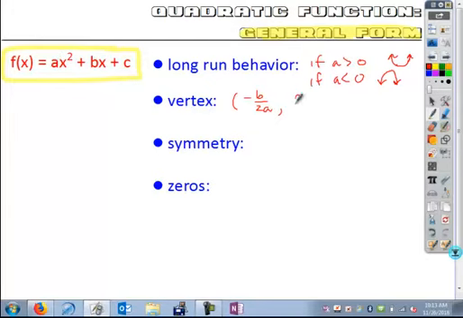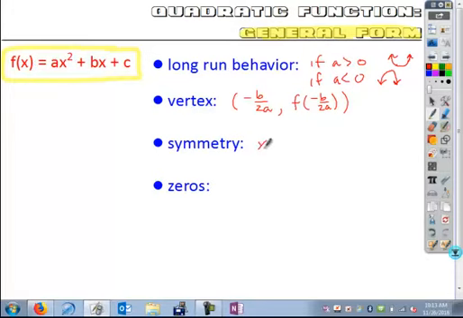And then to find the corresponding y coordinate, you take whatever value you get for negative b over 2a, and you evaluate the original function with that number. So whatever your x coordinate is for the vertex, you evaluate your function for that x value, and that will give you your total vertex. And we'll go through and show each of these here in just a second.